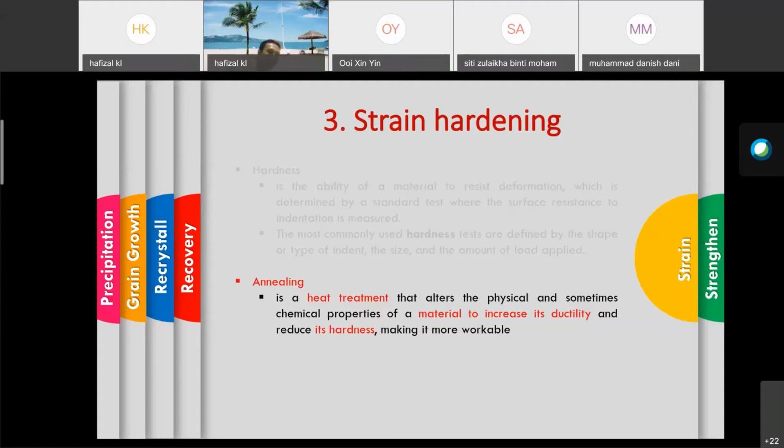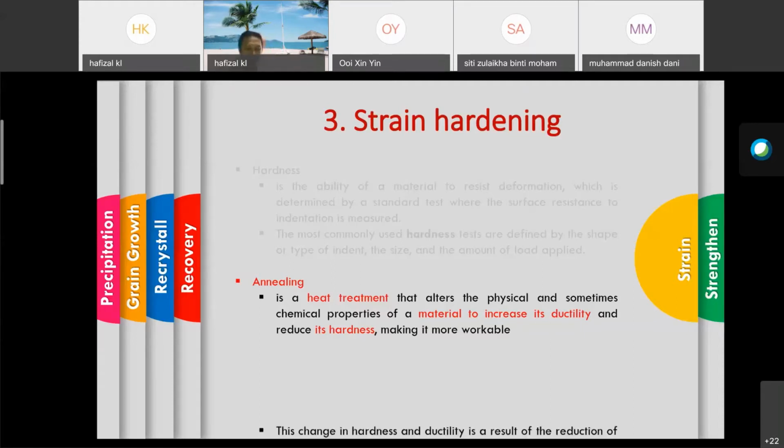That means kita boleh ketuk dia, boleh bagi change the shape, workable punya making process. So at that condition, it will reduce the hardness of the material, and it will increase the ductility. That means we can form it into a different shape.